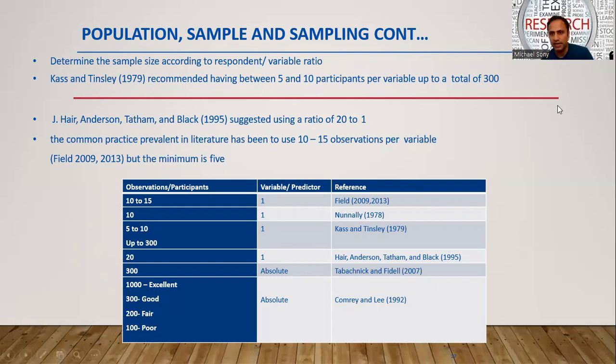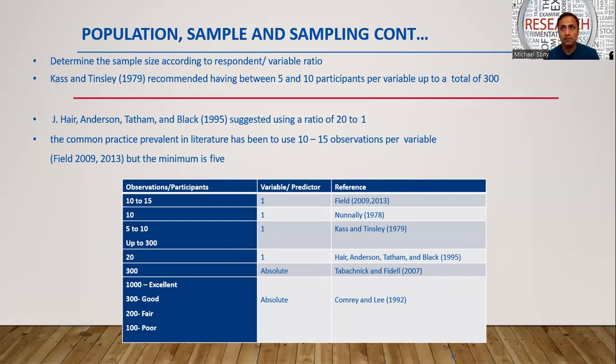That means if it is 10 variables, then 10 multiplied by 10, around 100 responses is the minimum requirement. If the number of questions is 30, then 30 multiplied by 10, around 300 responses are required minimum to carry out a good statistical test.